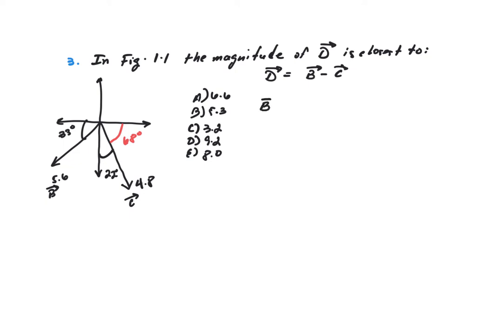So B will be 5.6 cosine of 33 degrees minus I, because this is in the third quadrant, and third quadrant corresponds to a negative x, plus 5.6 sine of 33.